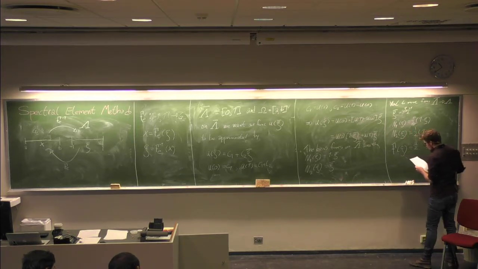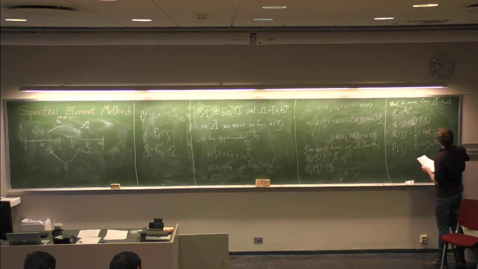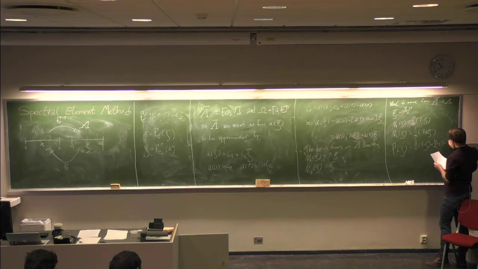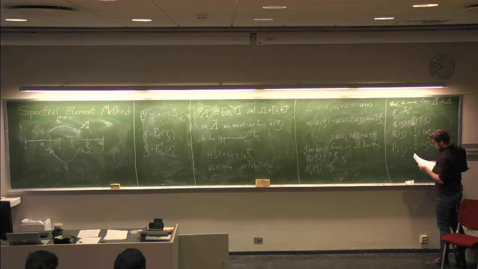A over 2 minus xi plus p. No, sorry, this is from going from omega to this. B over 2 plus.